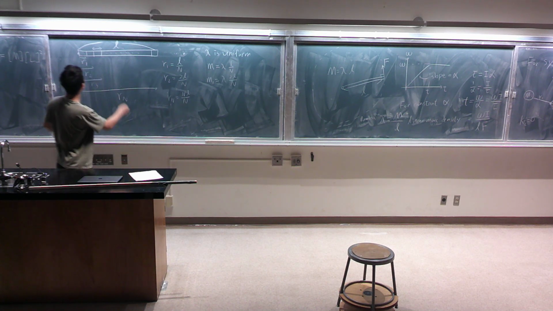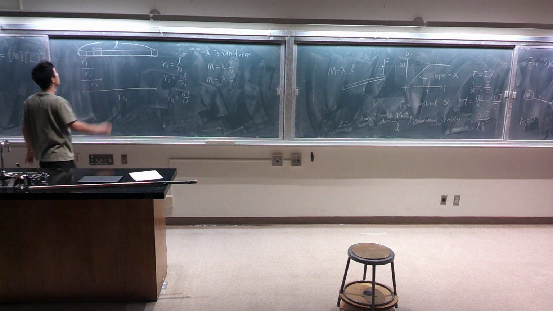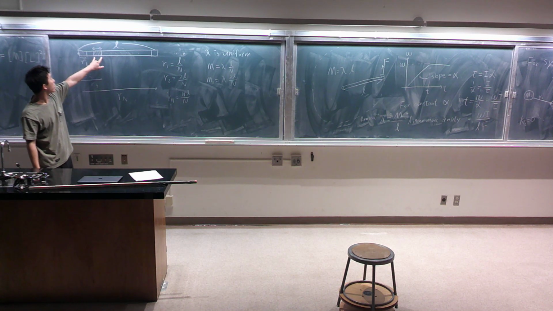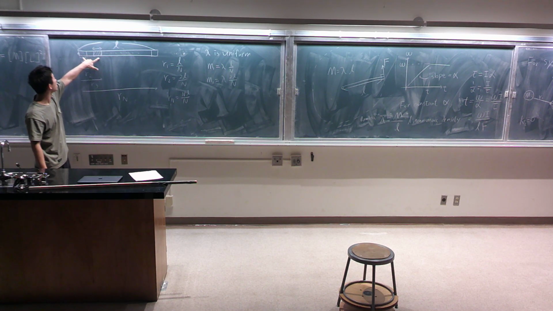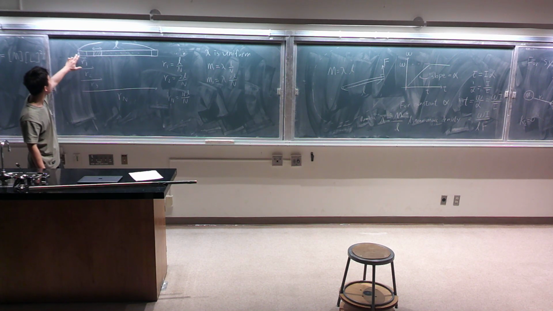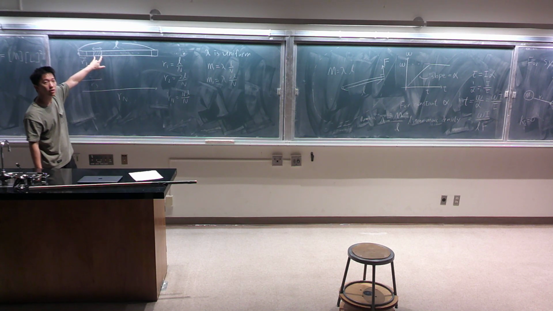If we want to look at the mass of this part, we are just looking at the length of the segment, not the distance to the pivot. R here is the distance to the pivot, but when we look at the mass of this part, we only care about the length of this part itself.